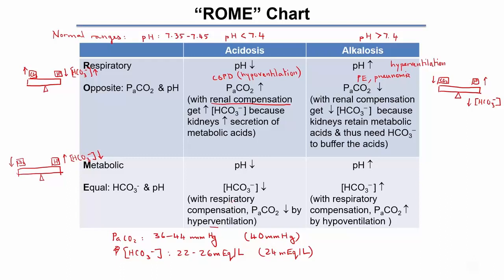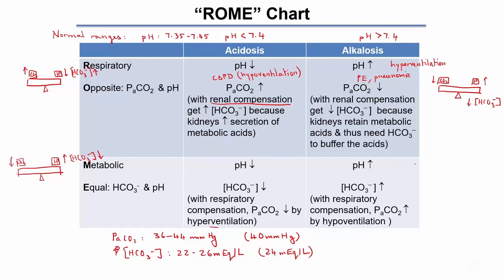In Kussmaul breathing, it's hyperventilation, but it's typically rather deep as well, and that will help get rid of more CO2. That occurs in severe metabolic acidosis, especially when pH drops below 7.2. You should be on the lookout for that if you suspect severe metabolic acidosis, and that will give you a clue that it's probably also ketoacidosis.